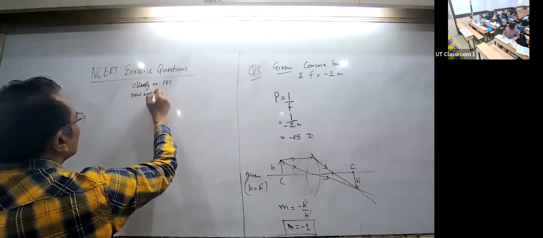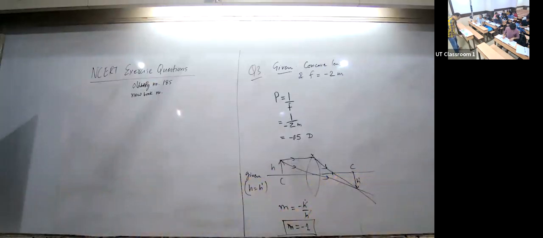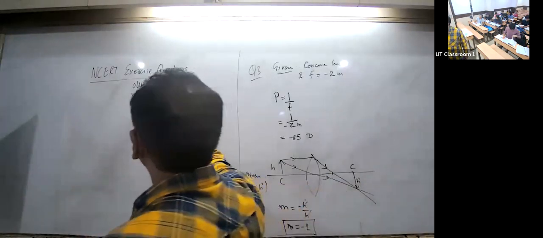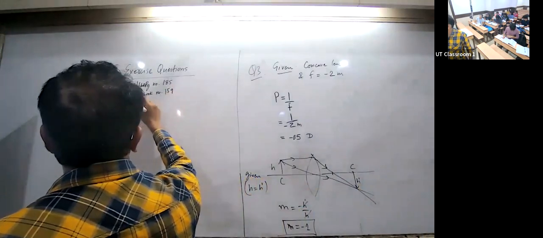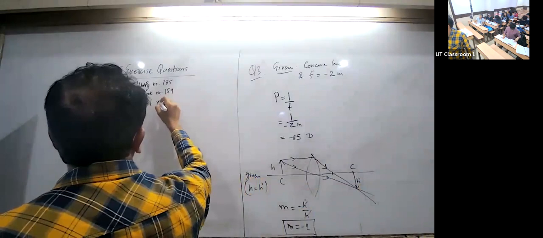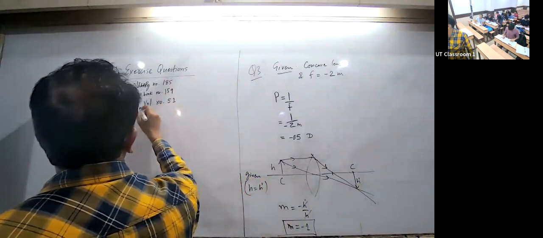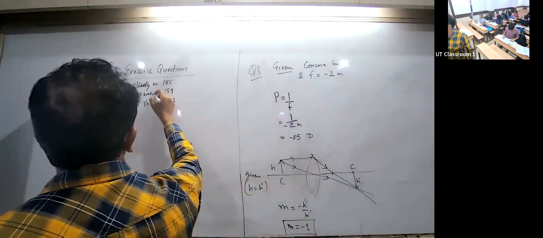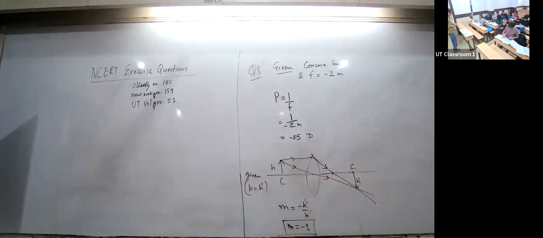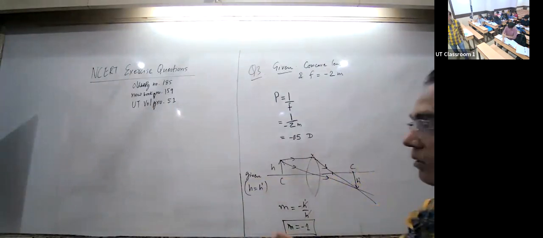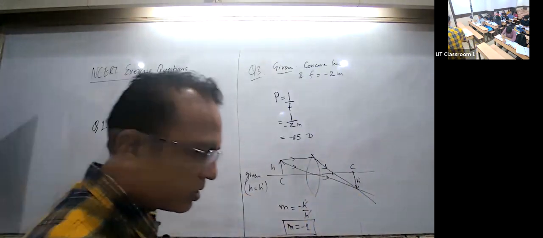What is the page number of new book? New book is 159. And what is the page number of UT volume? 51. Okay. These are page numbers. So everybody, whatever you have, just open it. So we are doing question number 1. Chalo. What's the question? Read it.